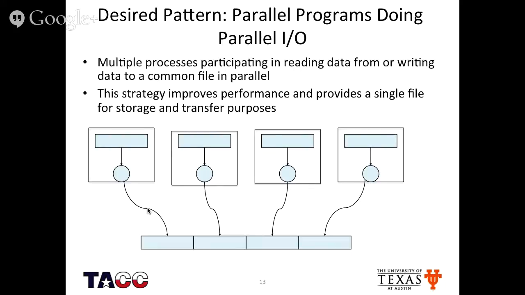That's called the offset, and we'll talk about all those details later. But this diagram is just meant to give you an overview of how you can engage multiple processes in writing just one output file.